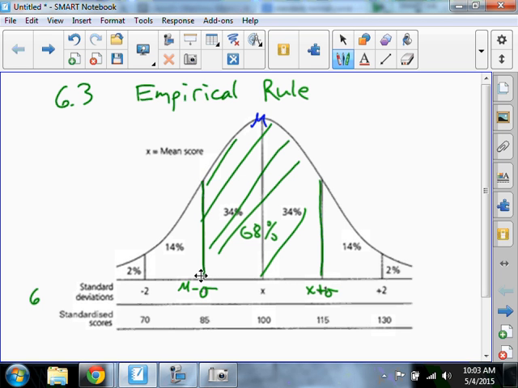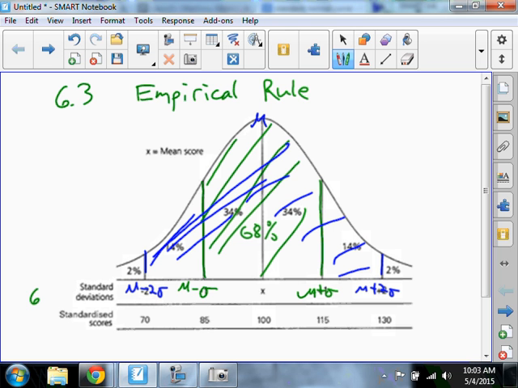If we extend out to 2 standard deviations, so mu plus 2 sigma and mu minus 2 sigma, in that region under the curve, 95% of the data would lie in there.